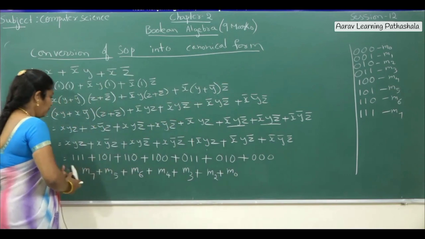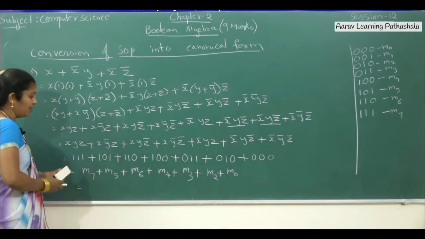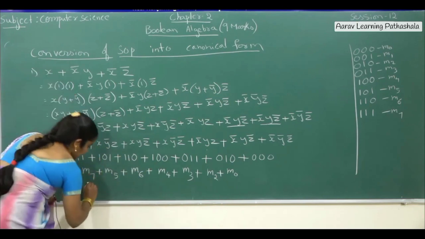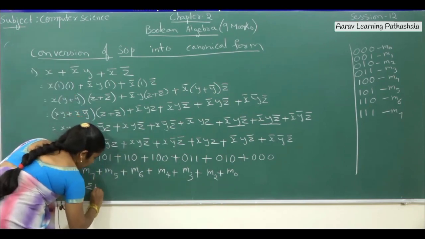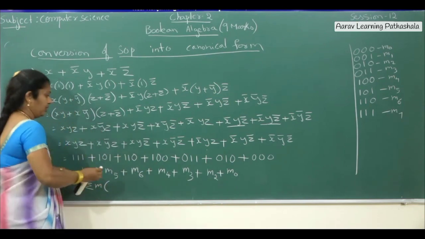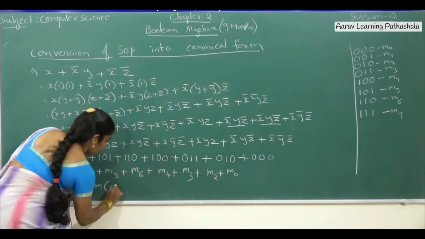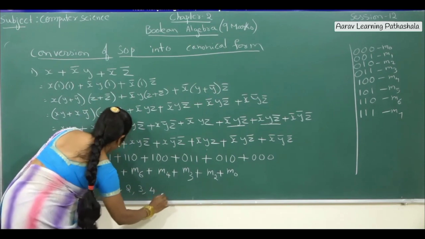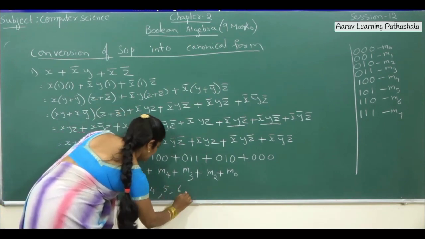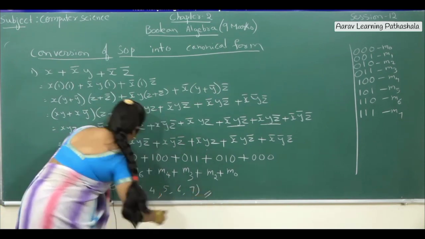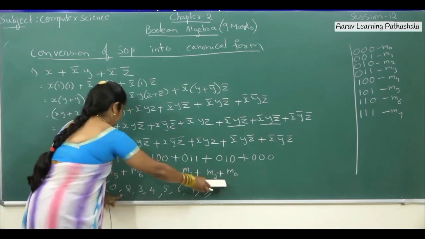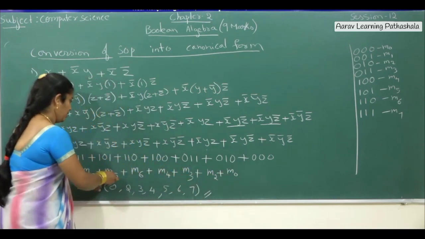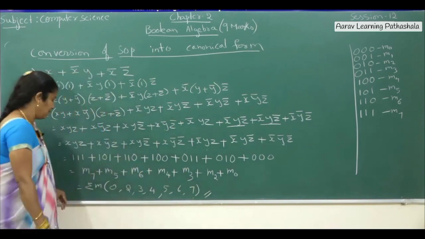Now after this, write down everything in ascending order. That is sigma of small m of, first we have 0, then 2, 3, 4, 5, 6, and then 7.